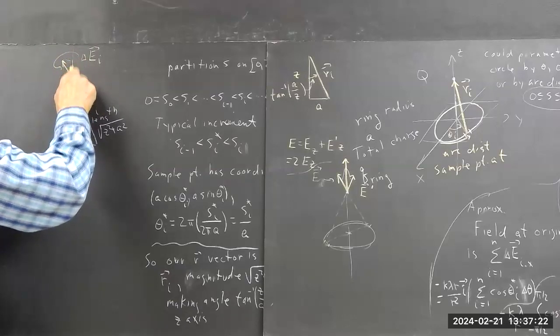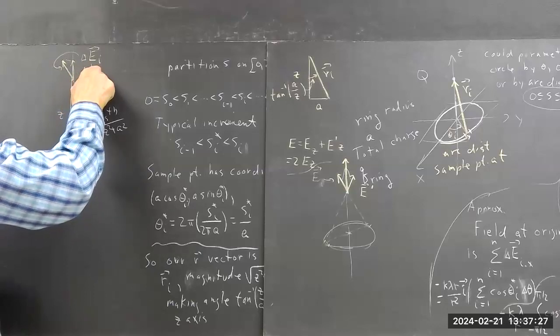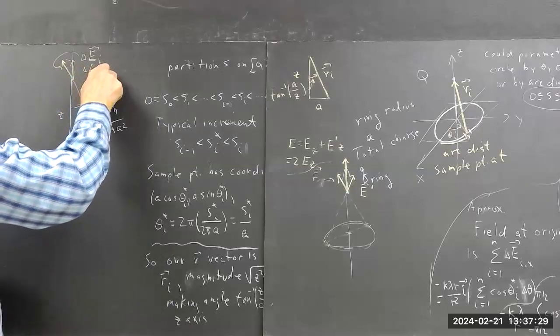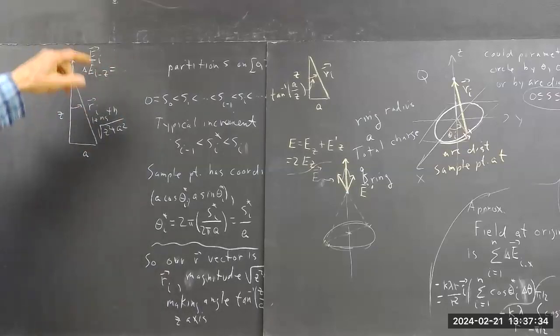That vector, but here's the Z component. So what is the Z component of this vector?